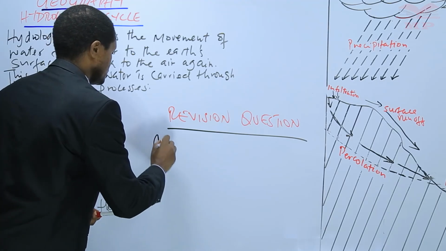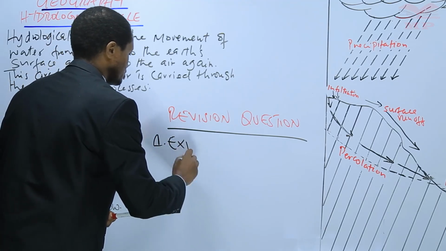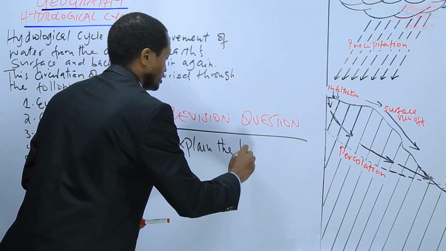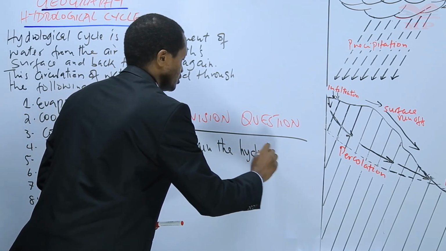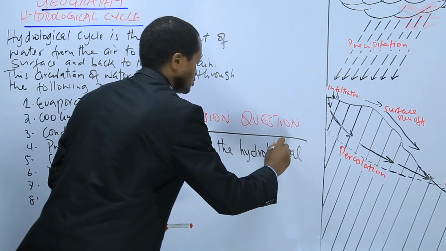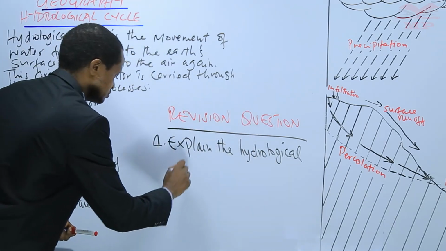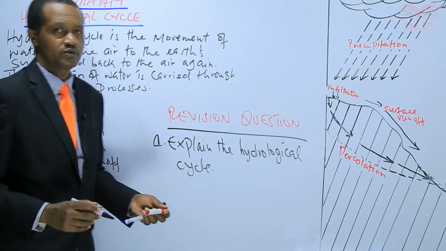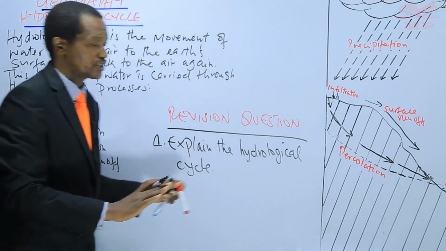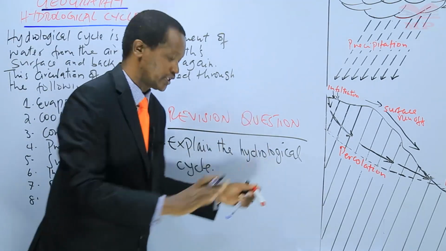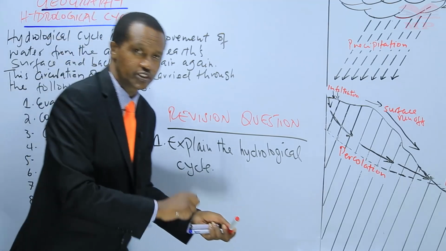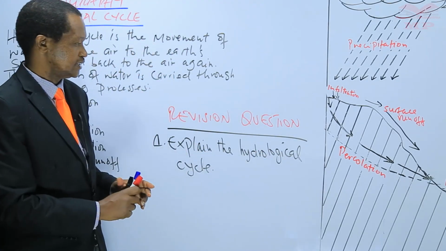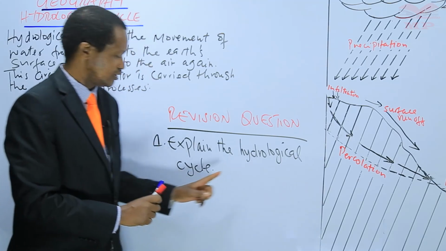Number one, explain the hydrological cycle. Go through the video one more time. Go through the video twice. Put down notes. Then close your exercise book and see if you can explain the hydrological cycle.